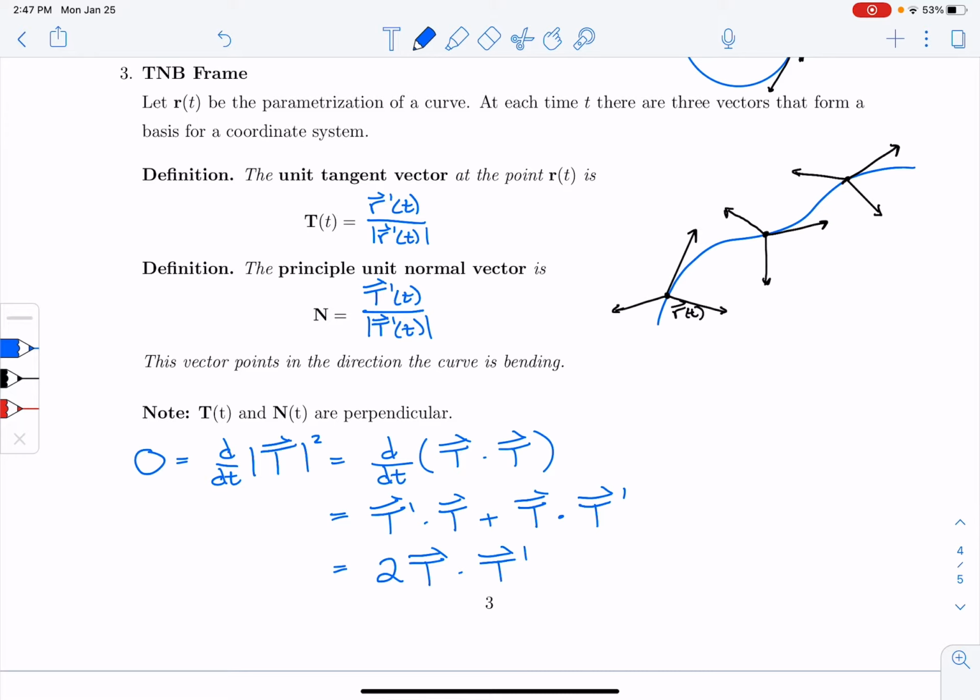Well, T is the unit tangent vector, and N, the unit normal vector, is in the direction of T prime. So that means that T dot N must be 0. And so the unit tangent vector and the unit normal vector are in fact perpendicular.